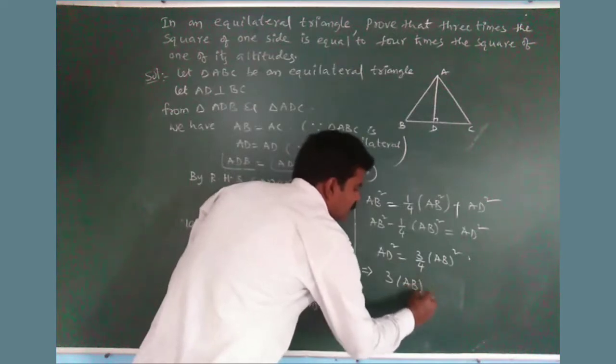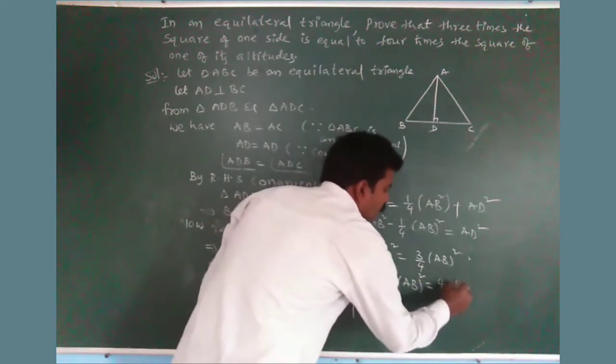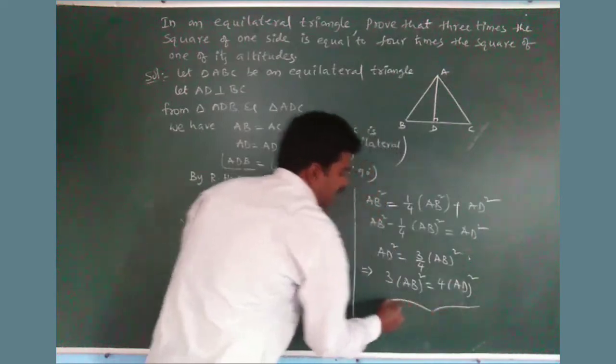Now cross multiplication: 3 into AB whole square is equal to 4 into AD whole square.